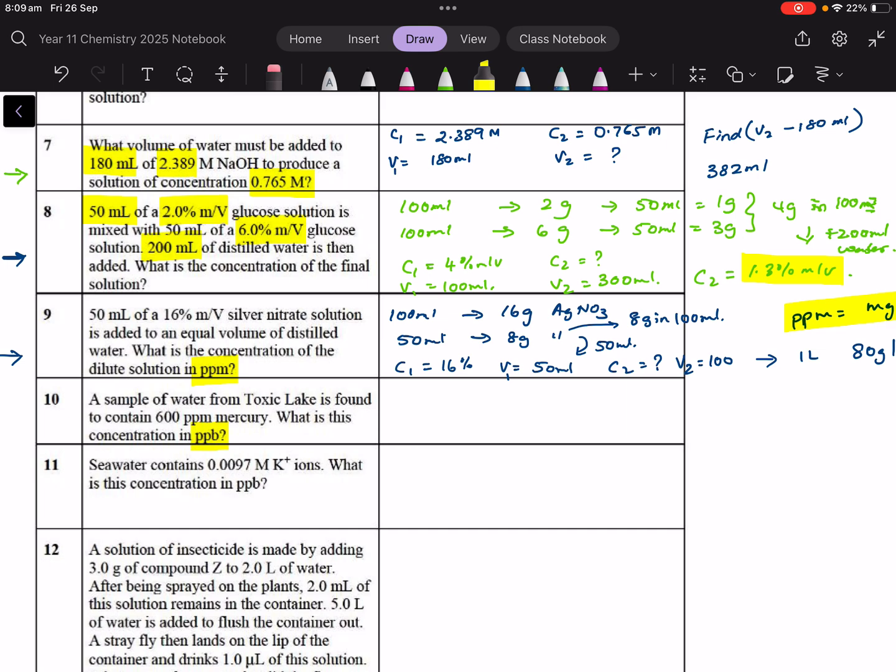So your question number 10, your answer should be, it's very similar to the conversion from, this is in ppm. So you're going to work with ppm, 600 ppm. You want to convert that into micrograms. So in micrograms, you would just multiply by 10 raised to 3, because 10 raised to 3 micrograms is equal to 1 milligram.